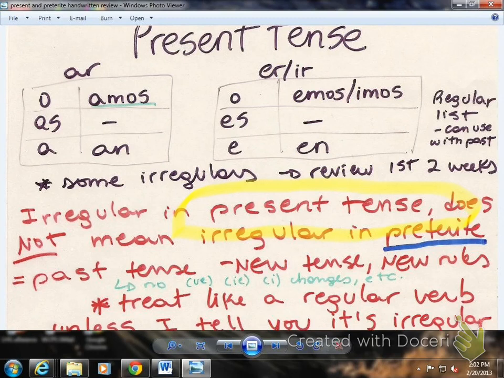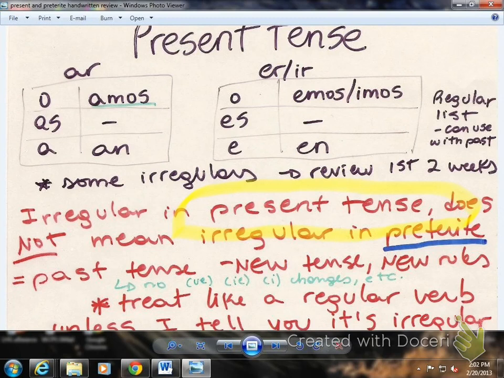Hacer is just the yo form also. Sometimes it'll be the whole box, like ir: voy, vas, va, vamos, van. Sometimes it's just a yo form, like pongo and hago. Sometimes it's a boot. Sometimes there's lots of different things that are irregular.